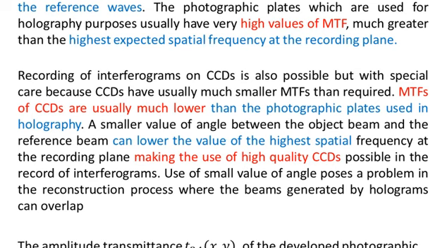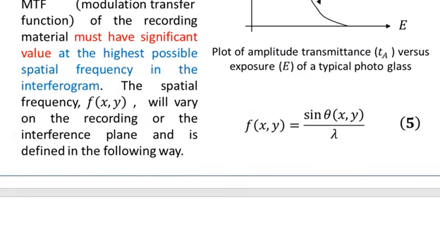A smaller value of the angle between the object beam and the reference beam will lower the value of the highest spatial frequency at the recording plane, making the use of a high quality CCD possible in recording the interferograms. So in equation number 5, if the reference beam is aligned in such a way that theta is very small or close to 0, then f will be very small, and a very high quality CCD camera can be used to record the interferogram.